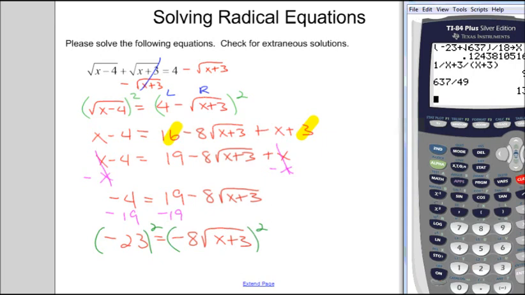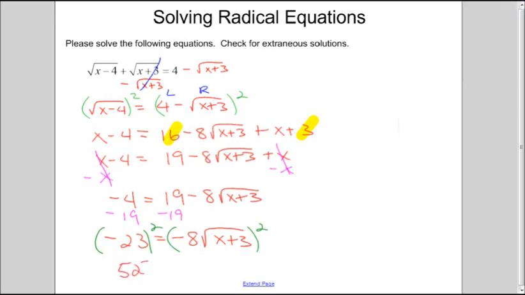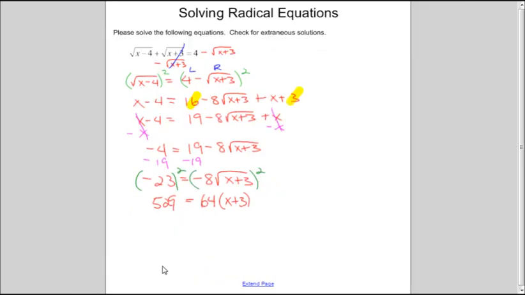So I'll go to my calculator. Excuse me, got to make sure you have parentheses for the negative 23 squared. That's going to give me 529, which is equal to 64 when I square the negative 8, and then just x plus 3 because the root gets canceled. Okie doke.